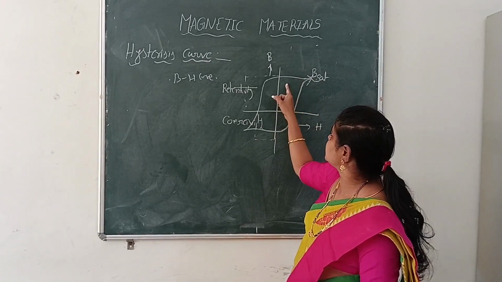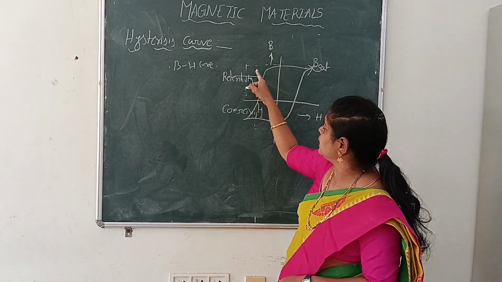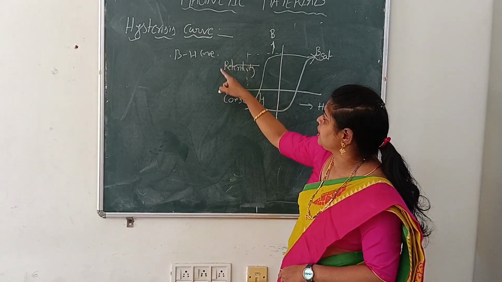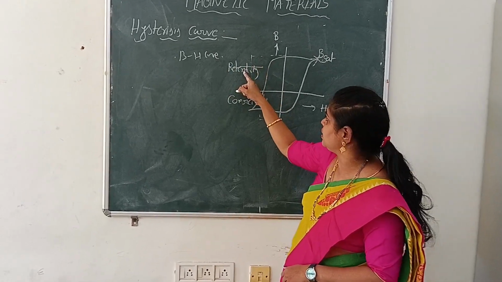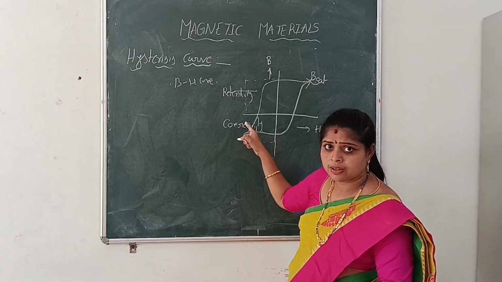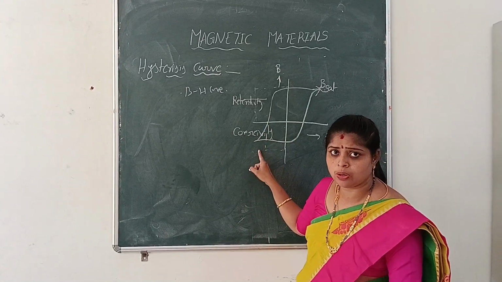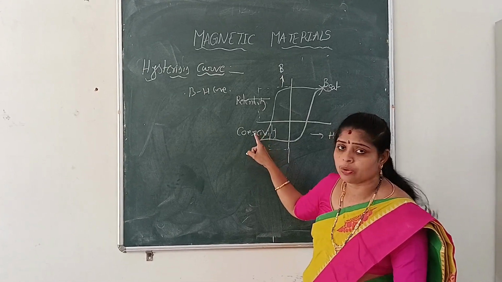If the field intensity decreases, then the curve reaches retentivity. Further, when the magnetic field is reversed in the opposite direction, the flux density reaches 0, and that particular field is called coercivity.